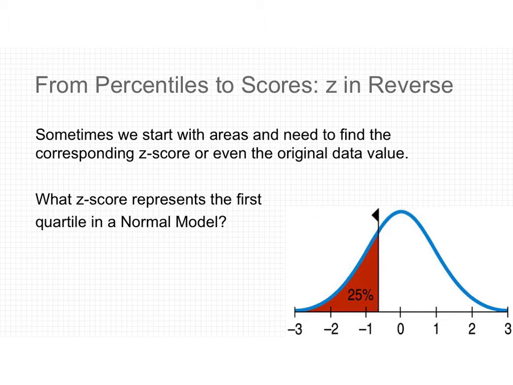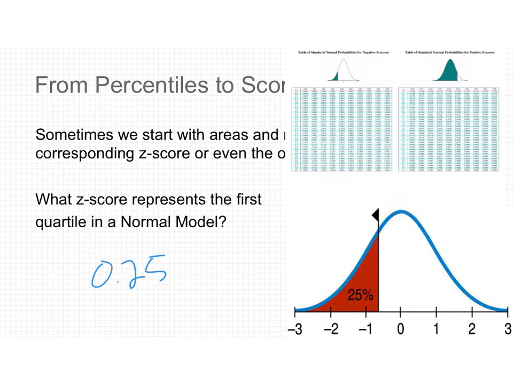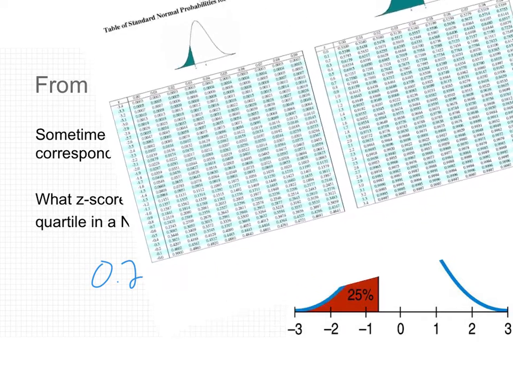So what we would look for is that decimal. If you go to the table, we're going to be looking for 0.25, and you're going to try to look for the closest one there. So then we go to our table here. We want to look for that 0.25 or as close as we can get it.